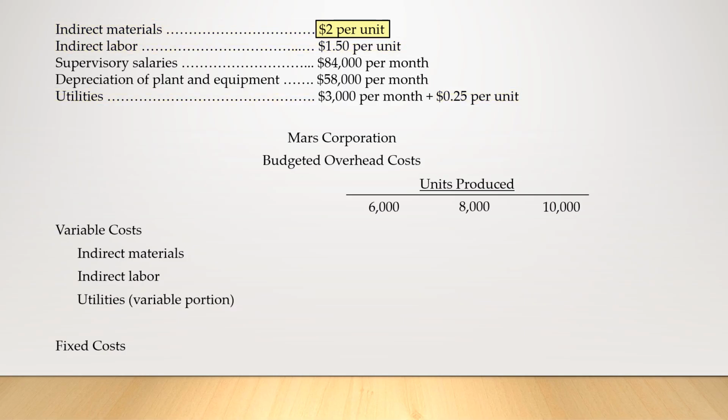Indirect materials has a per unit cost of $2. Multiply that per unit cost by each production level of 6,000, 8,000, and 10,000 units, and the total indirect materials cost will be $12,000, $16,000, and $20,000 respectively.